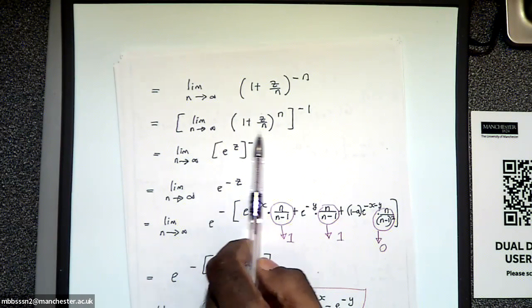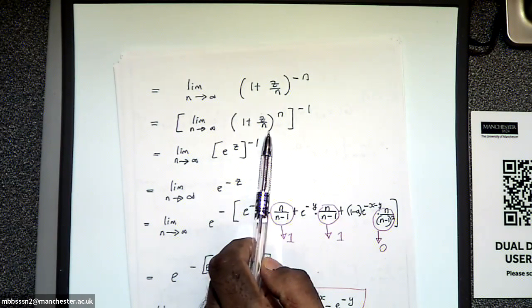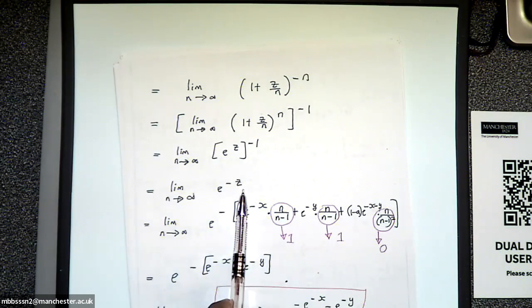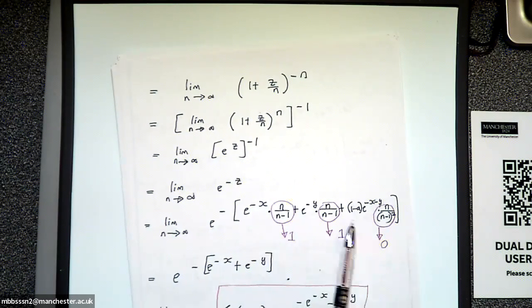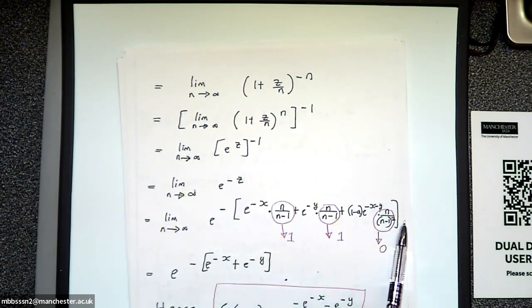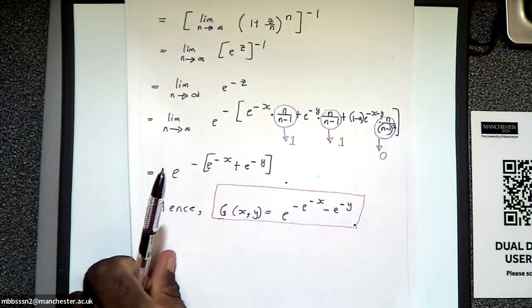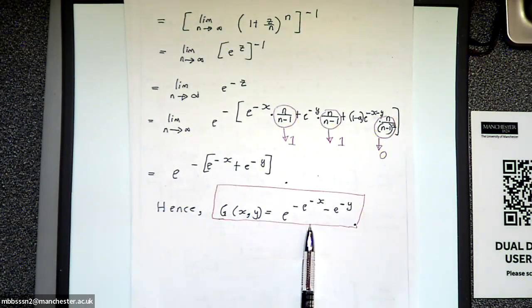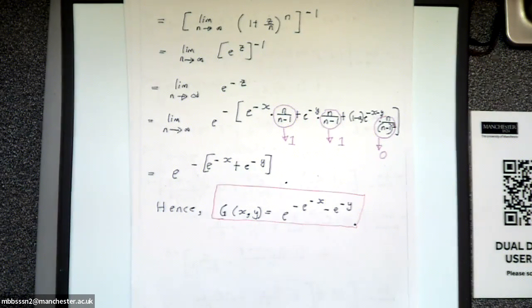The limit of this, I'm sure you know, is E of Z. So this is E of minus Z. And if you put Z back into this, you will get this. Finally, taking the limit, this becomes equal to this. So hence, the formula for G is equal to this, right?